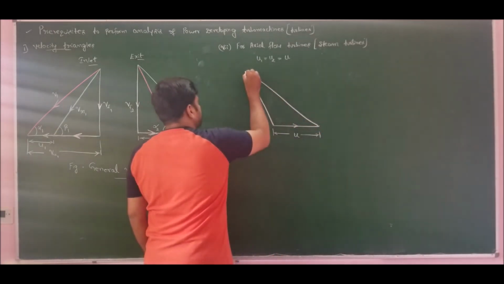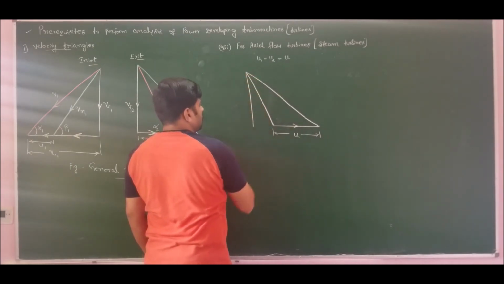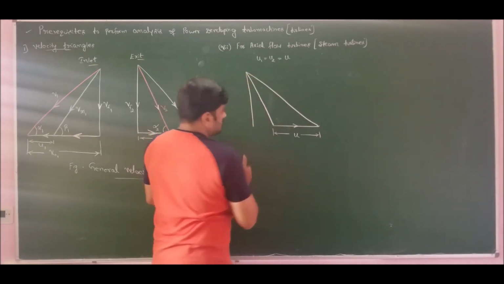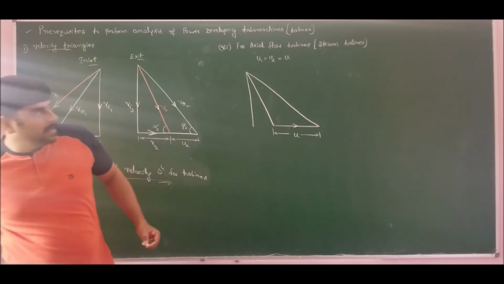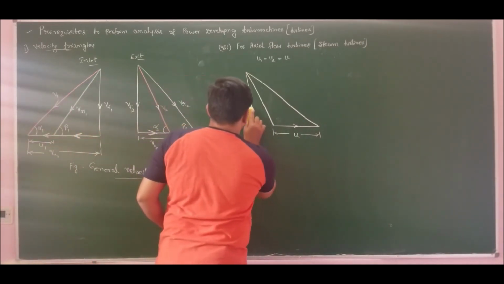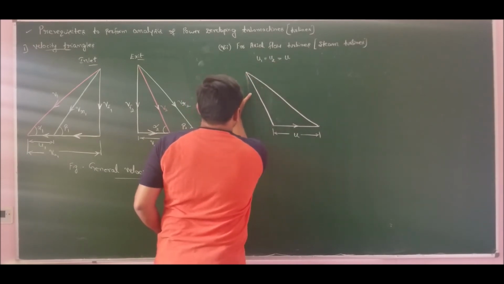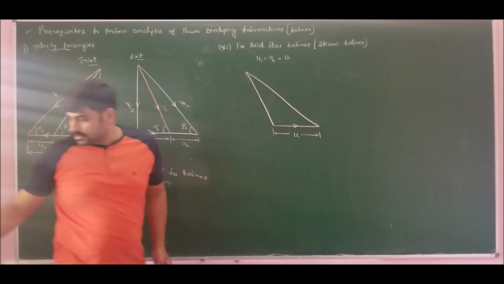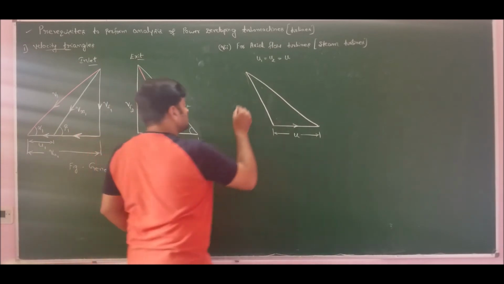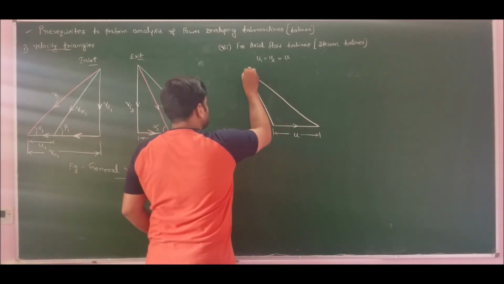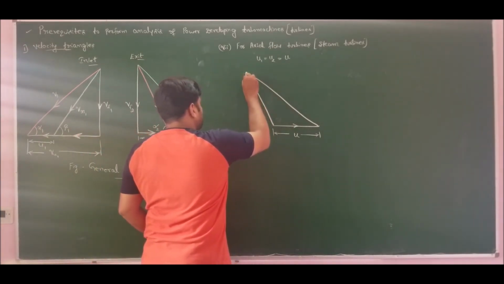If I draw a vertical line, I will get VF. VF should always be perpendicular, very important. The flow component is always vertical.